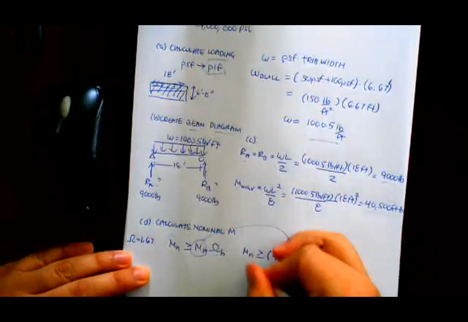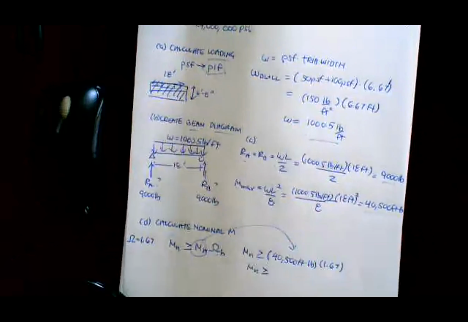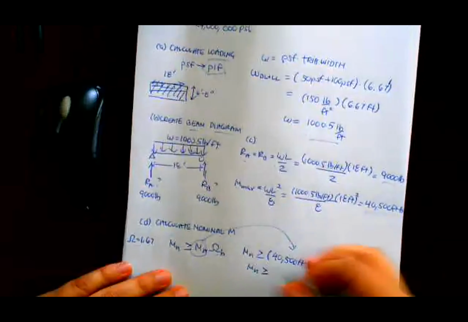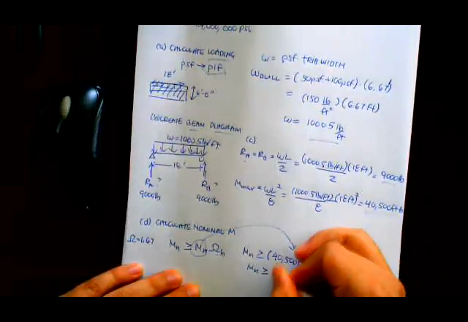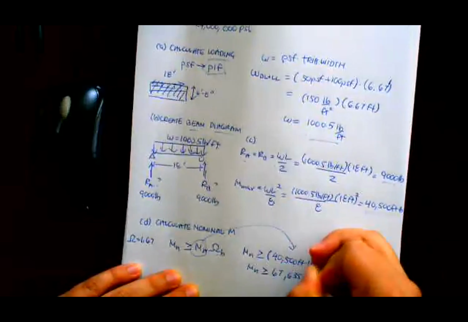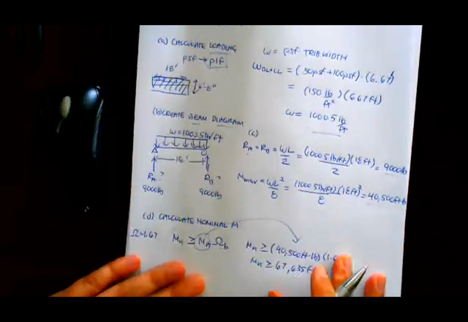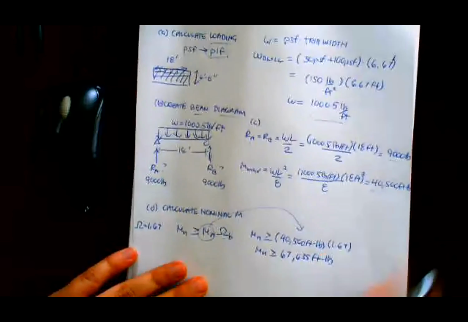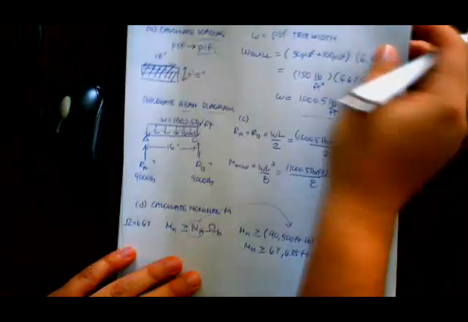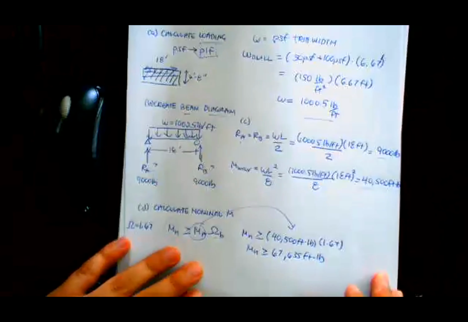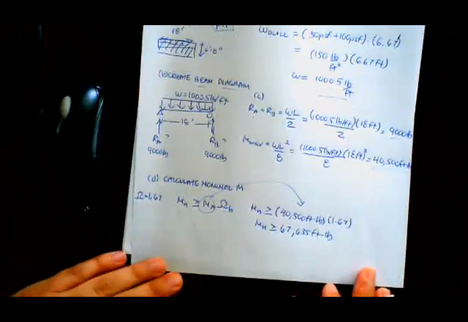So nominal moment must be greater than or equal to 67,635 foot-pounds. Someone's gonna say my value is slightly different because I rounded ahead of time. Yes, you're right, you're a better structural engineer. I know I'm breaking the rules a little, but I'm gonna move forward because I don't want to recalculate it.